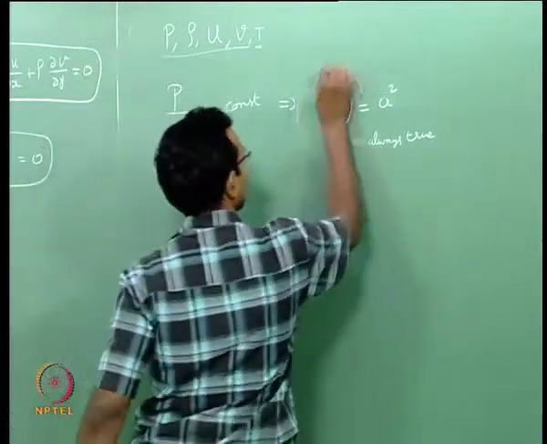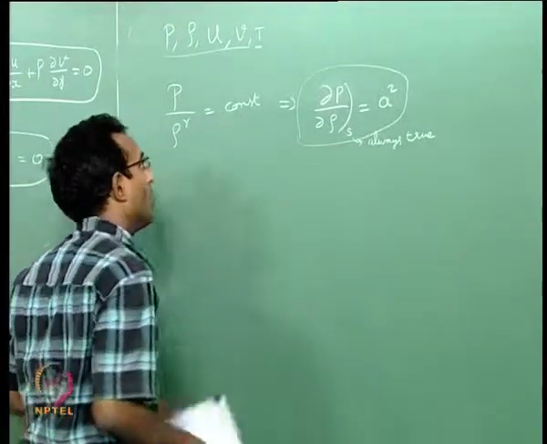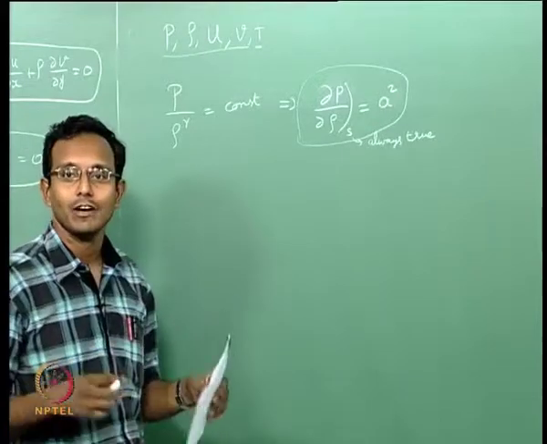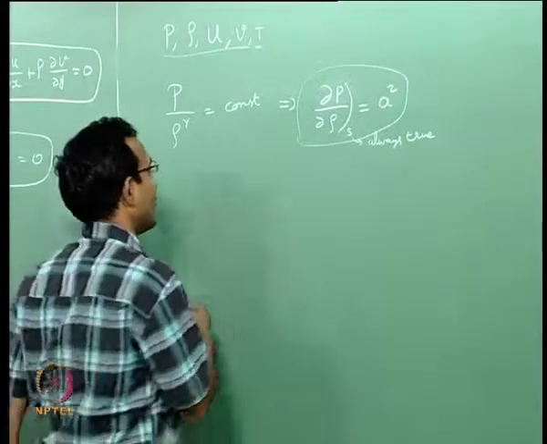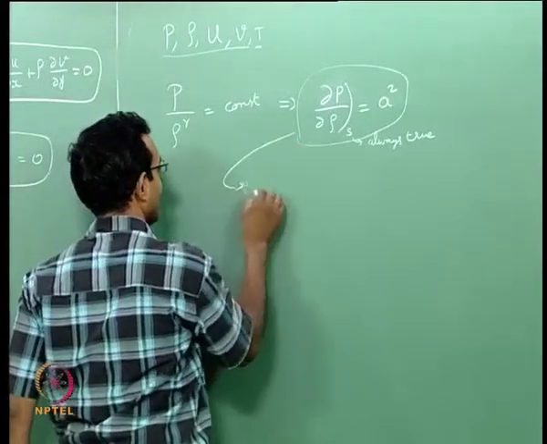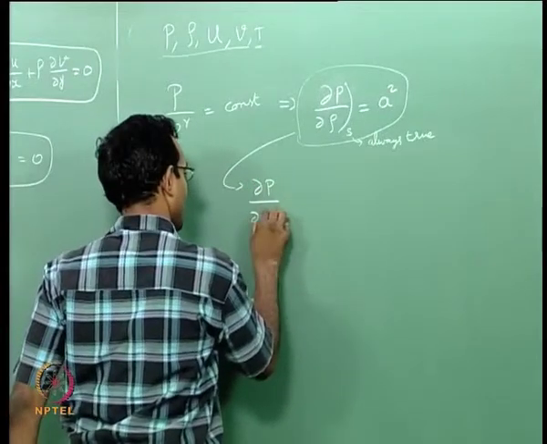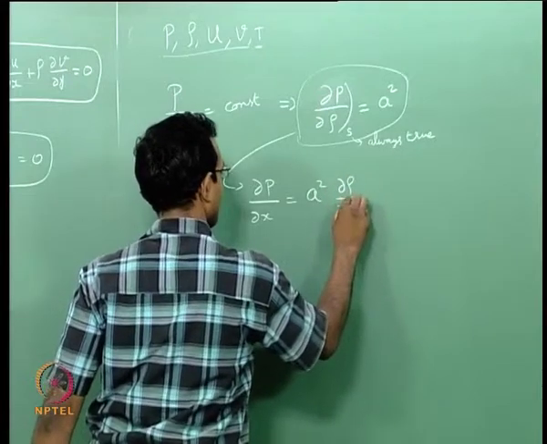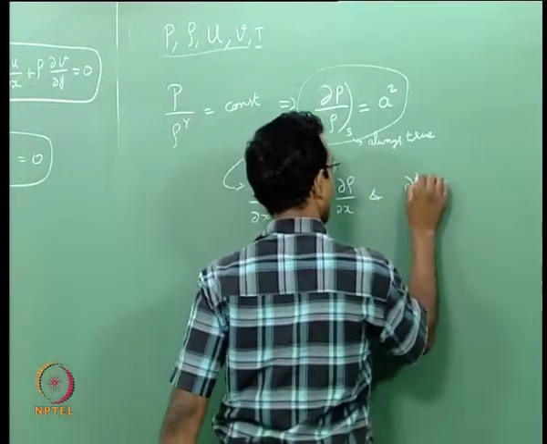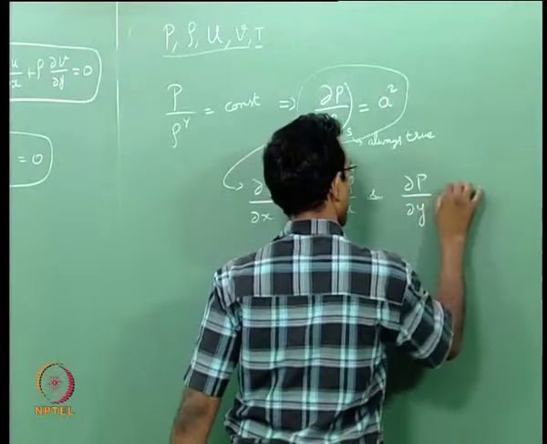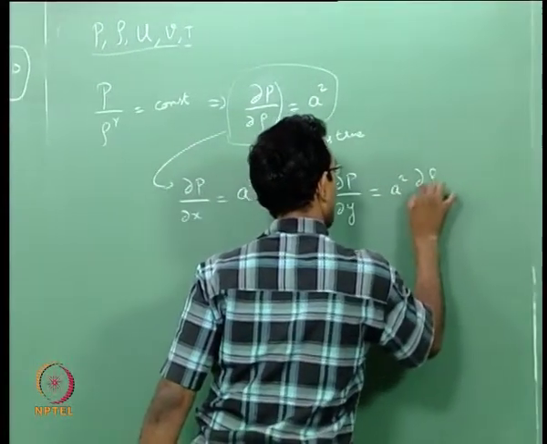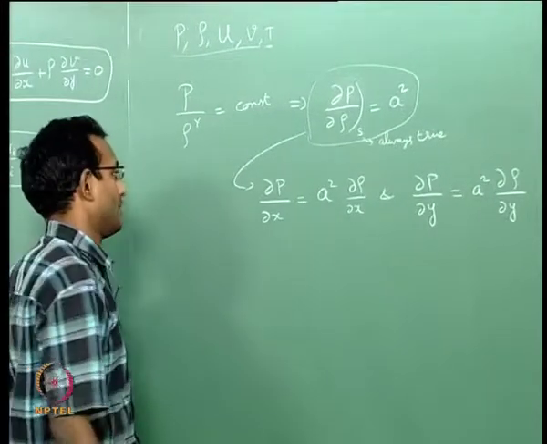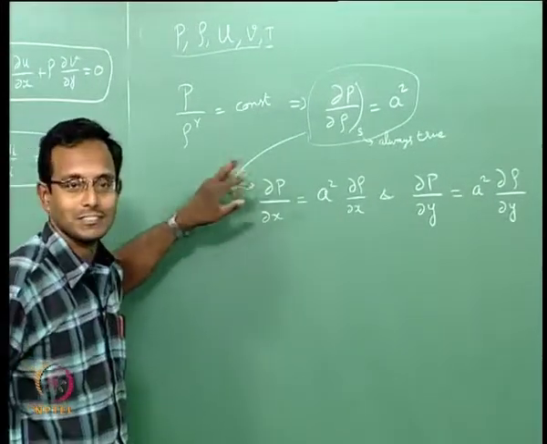I will use this relation. Now, how will I use this relation in my momentum equation? I want to remove my ∂p variable, but I have ∂p/∂x there. So, I will rewrite this as ∂p/∂x equal to a squared ∂rho/∂x and ∂p/∂y equal to a squared ∂rho/∂y. This is the way I will rewrite my expression. What have I done really? It is calculus really.